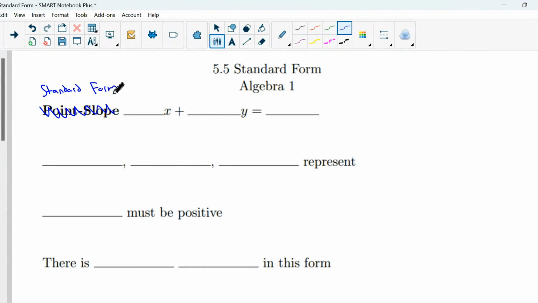All right, so standard form looks something like this. We have ax plus by equals c. a, b, and c all represent integers, which just means any negative or positive whole number.